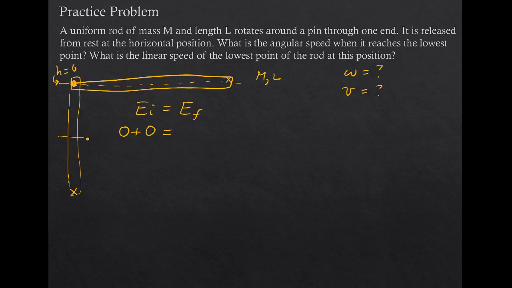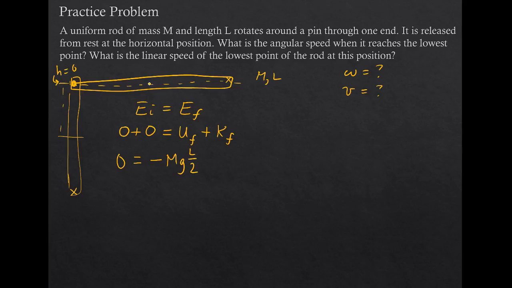And then final, well, it's going to have potential final plus kinetic final. And that kinetic will just be made out of the rotational. Okay, so 0 is equal to negative mg L over 2, because now the height that it's going down to is L over 2.